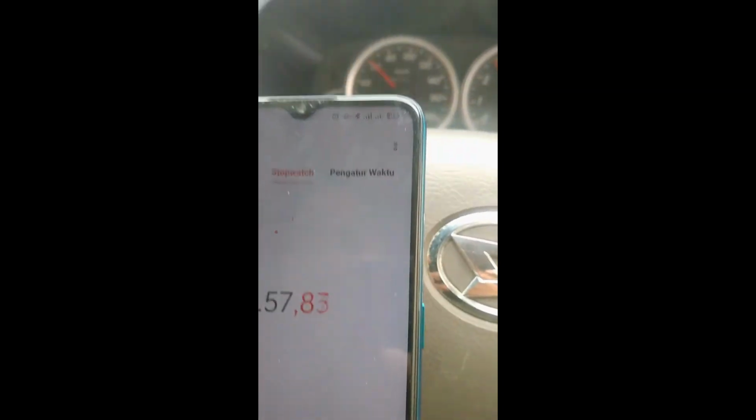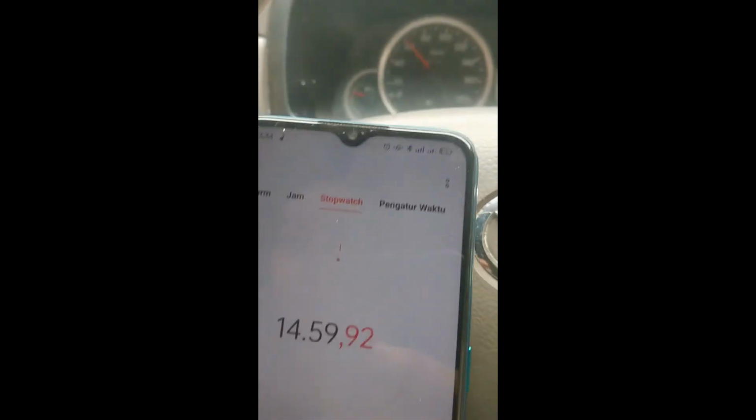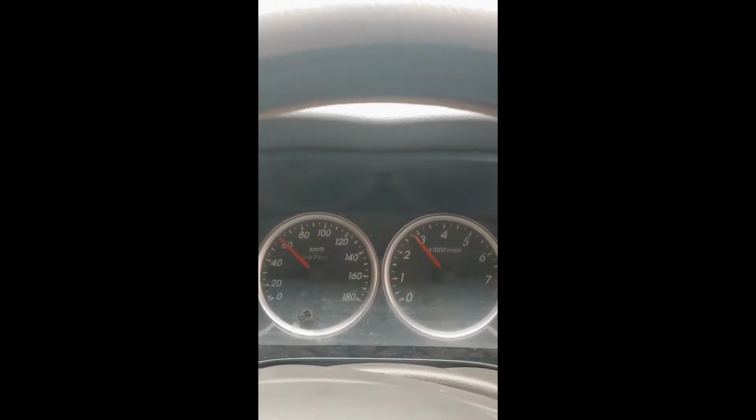The velocity is still 60 km per hour and the RPM is also 2750 RPM. After 3 minutes from the fifth experiment, we will record the last one, the sixth experiment. The velocity is the same, 60 km per hour, and the RPM is also 2750.